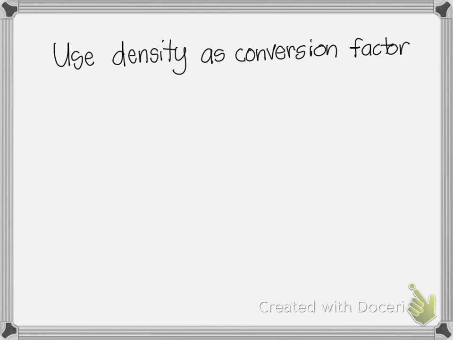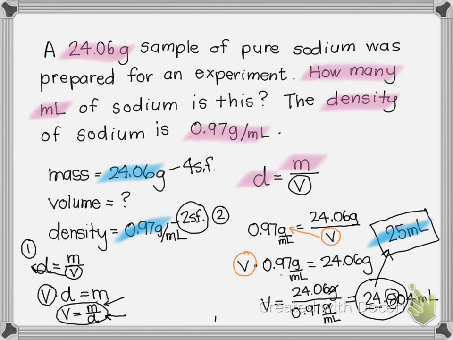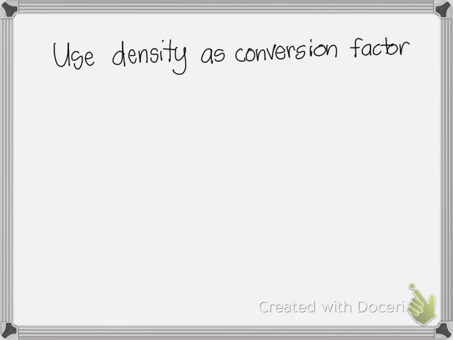So let me just go back to the previous slide. Let's see, the mass is 24.06 and the density is 0.97.